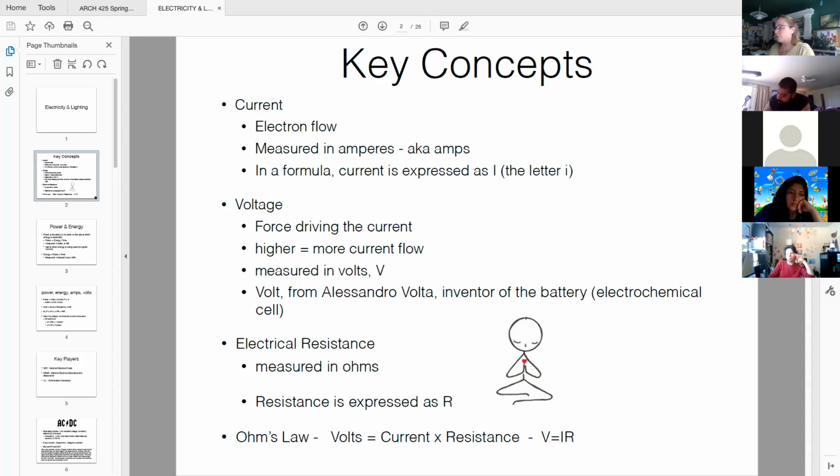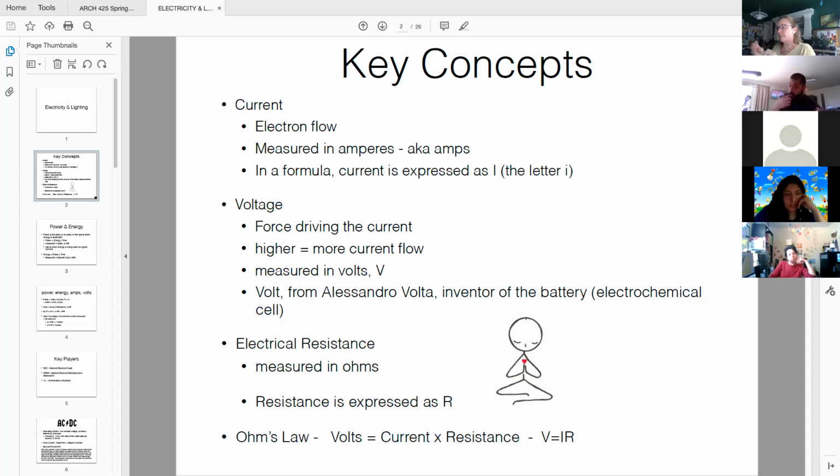Current is the flow, voltage is the force, and then very similar to when we were looking at heat conductance through a material, there's also going to be resistance, and that is measured in ohms, and that's very similar to the insulation value in a material.